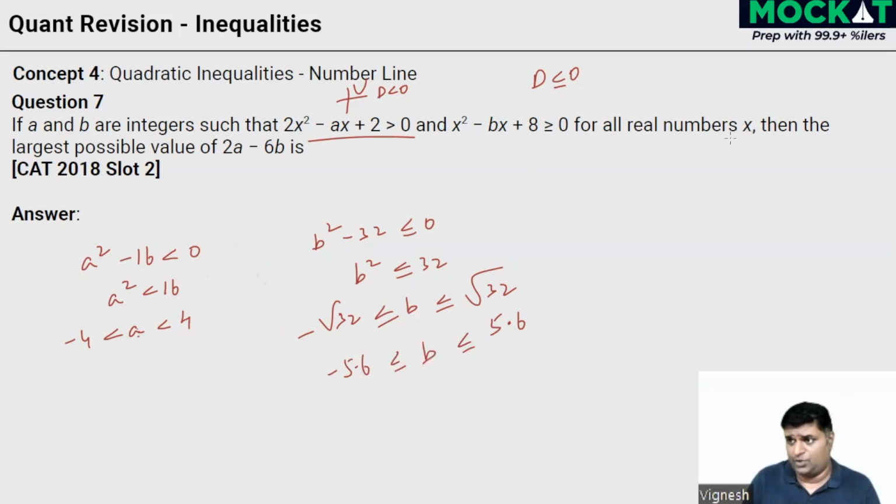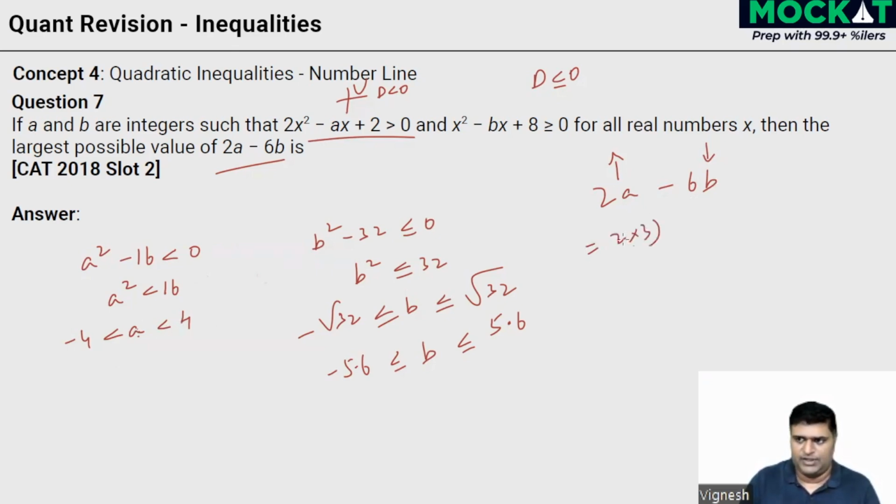Now, what do I need to do? I need to find the largest possible value of 2a minus 6b. 2a minus 6b has to be maximized. If I have to maximize it, for the positive term I have to put as big a value as possible, and for minus of something, if I'm subtracting, I have to keep as small a value as possible, right? What is the largest value a can take? a can take 3. It can't be 4, it can be 3.